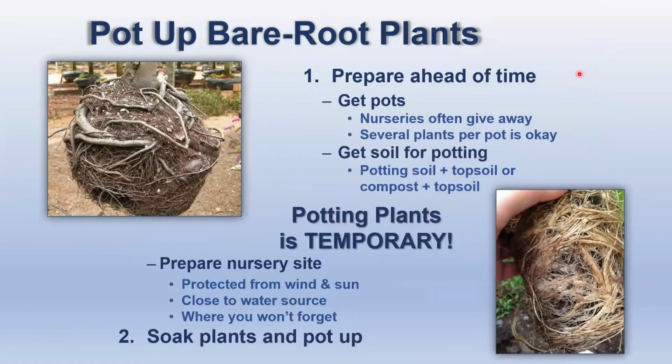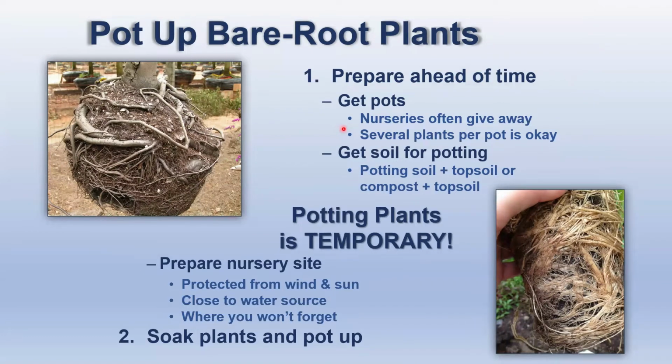So you want to prepare ahead of time when you get bare root plants, especially. We will sell plants in bundles of 25 or 10, and it takes time to plant 25 tree seedlings. So you want to be prepared ahead of time. You want to prepare the site ahead of time. If you're going to pot them up, get pots from the nurseries.